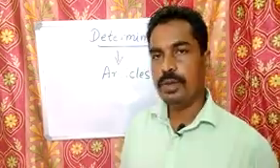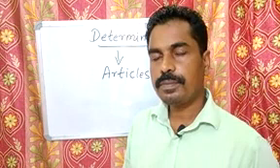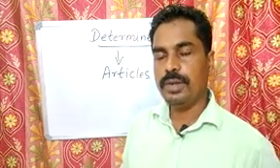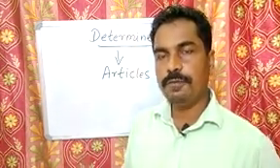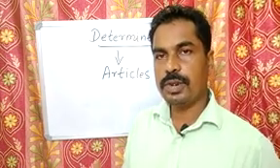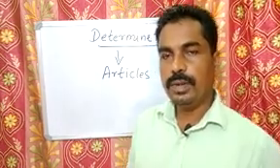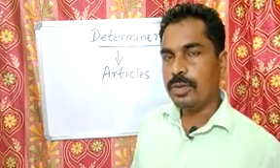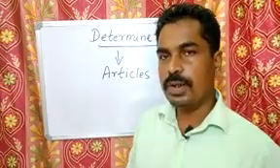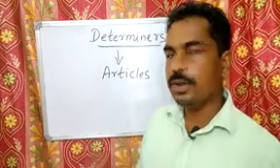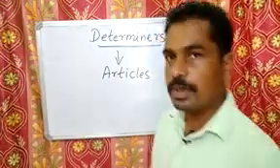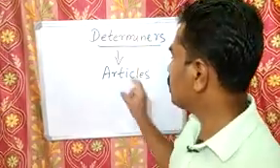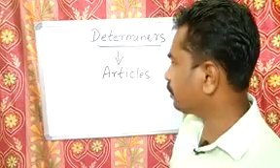We have quantitative determiners: few, little, much, this sort of determiners. So I'll be making different videos on this chapter, determiners, but in today's video I'm going to discuss a subgroup of determiners called articles.